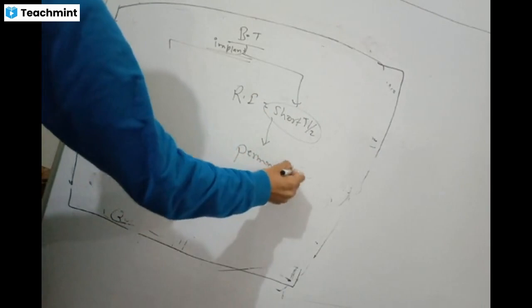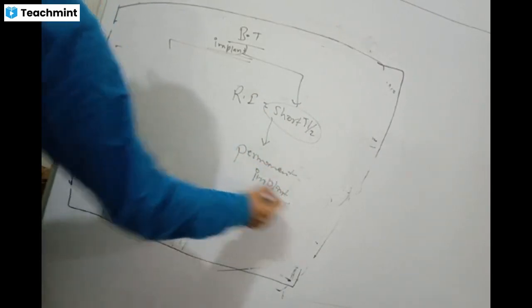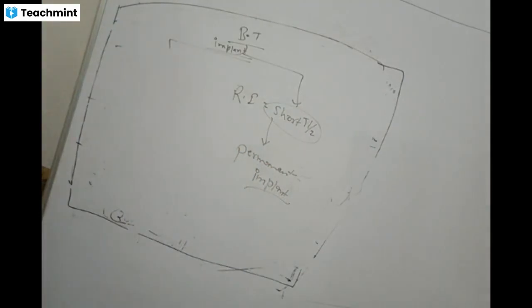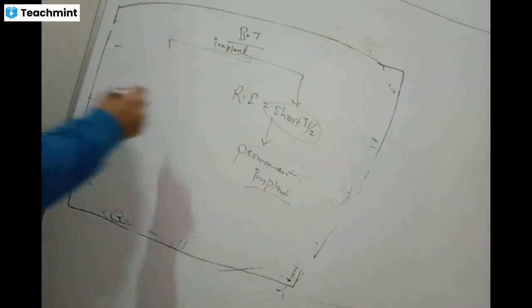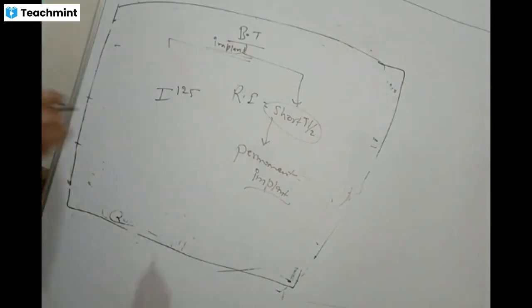These can be used as a permanent implant. For example, iodine 125.